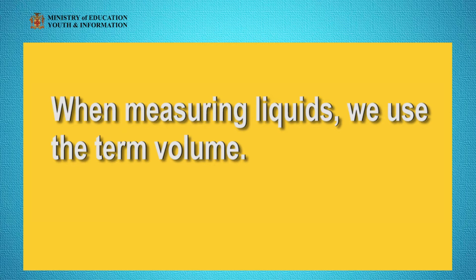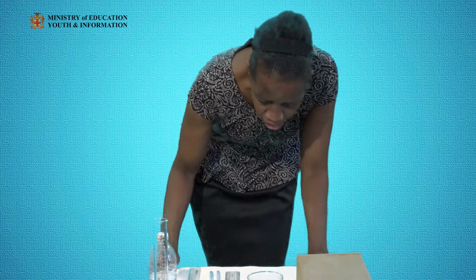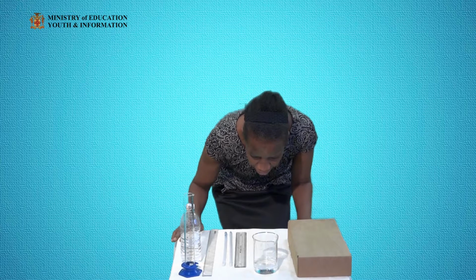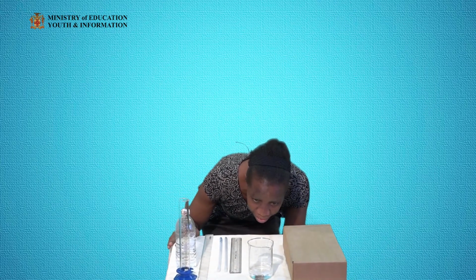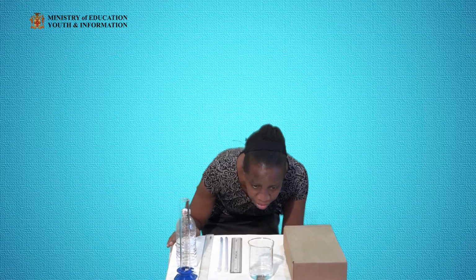If I wanted to get the volume of this sample of water, I would place my beaker on this flat surface and try to read the volume, all right? So I'll look at eye level and try to estimate the volume. Now what you'll find out is that the beaker may not give us a very accurate reading of the volume.